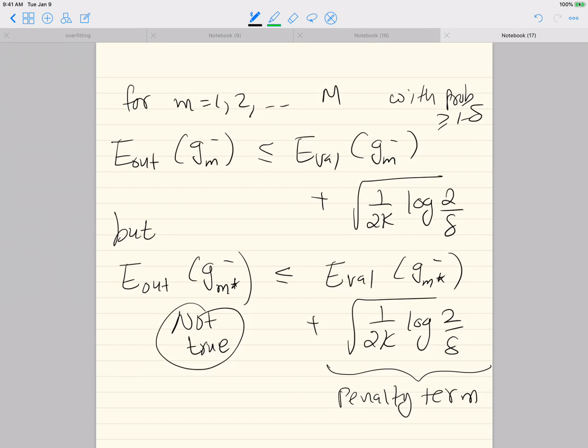But if you were to select M star to be the hypothesis for which eval is smaller, if eval of G1 is less than eval of G2, select M star to be 1. Otherwise, select it to be 2. Then this bound will not hold for that M star, because M star is now random, it depends on your data set. And so all of a sudden, this bound is no longer true, because it's not a fixed hypothesis.